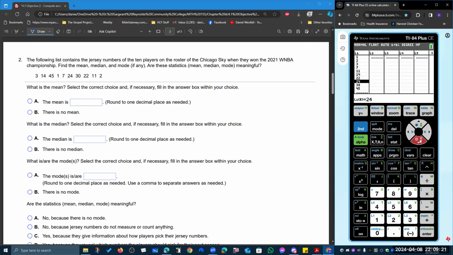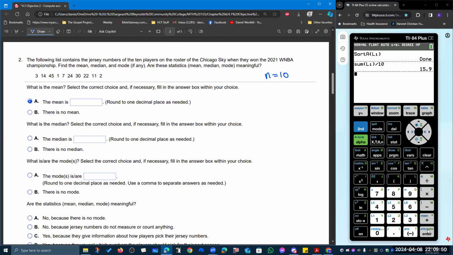I can see that there are 10 items in this list. Let's go ahead and find their sum. So second list, math, I want to find the sum of what's in L1. And then I want to divide that by 10, which is the number of things in L1. And I get 15.9.